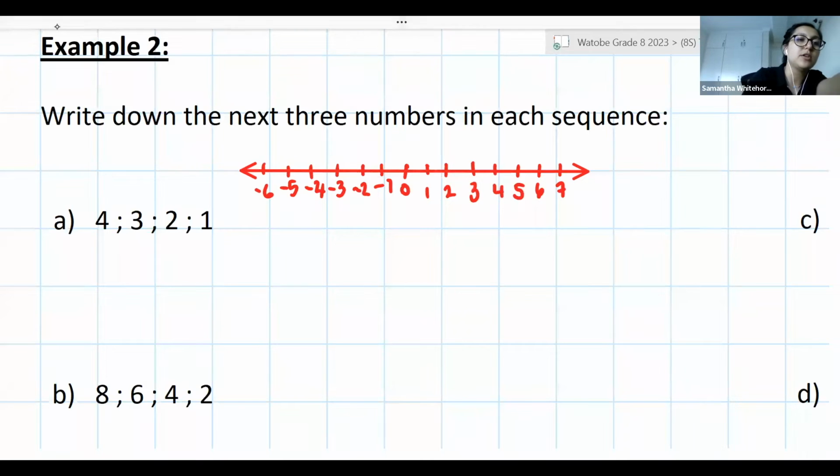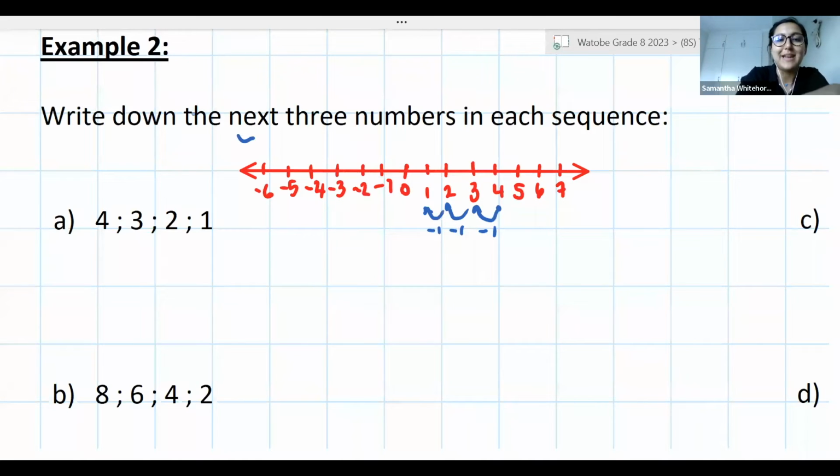So if we look at our first pattern, we've got 4, 3, 2, 1. You might be able to do this without a number line, but it might be helpful. If we go from 4 to 3, I'm subtracting 1. If I go from 3 to 2, I'm subtracting 1. So each time I'm moving 1 down my number line, closer towards negative infinity, subtracting 1 each time.